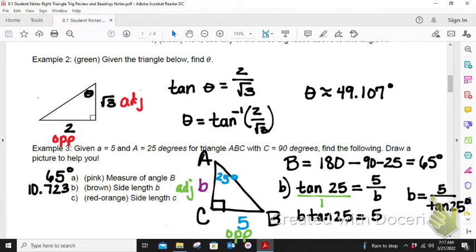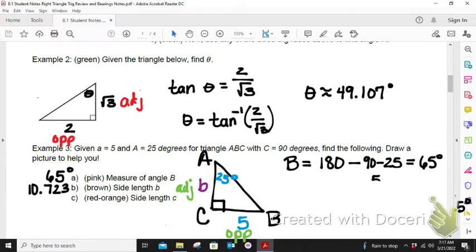Okay, let's go ahead and find little c. So to find little c, I'm going to have to take this away. So now let's find little c, which is right here, and that's my hypotenuse. So let me be clear. There's a couple different ways you can find little c.